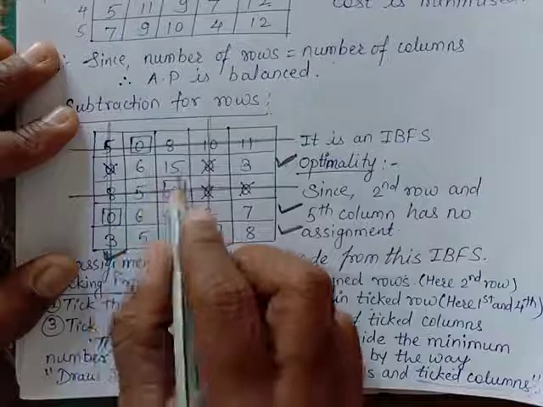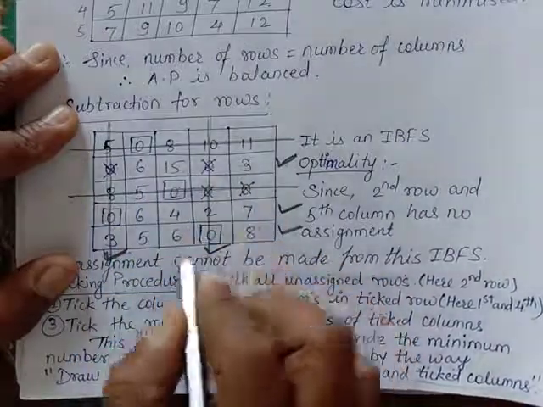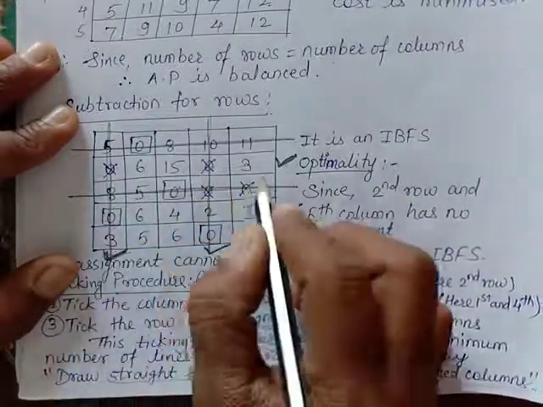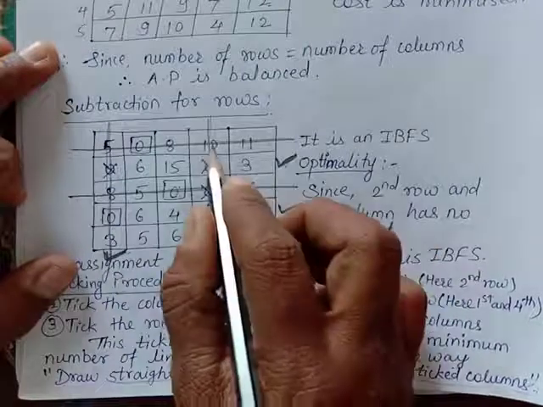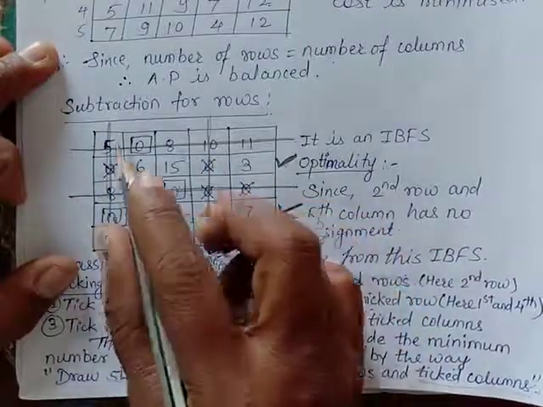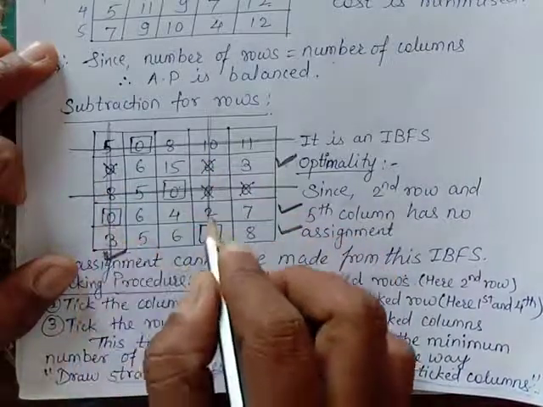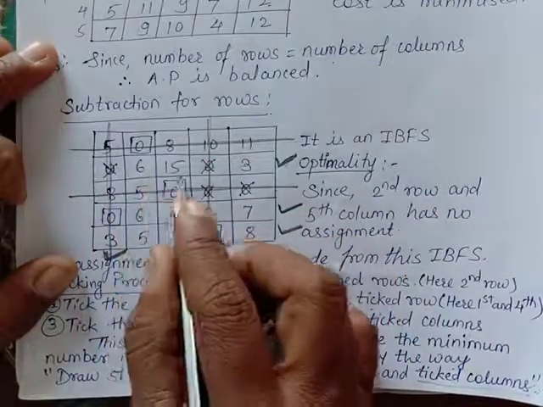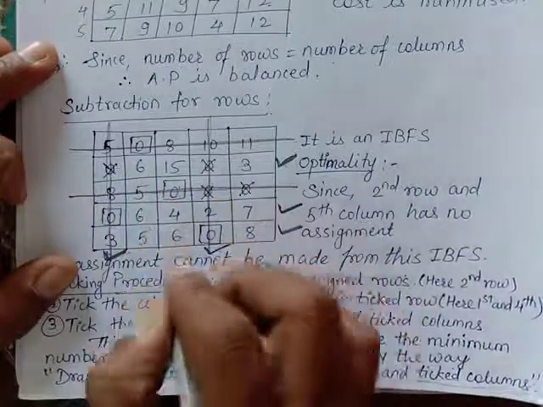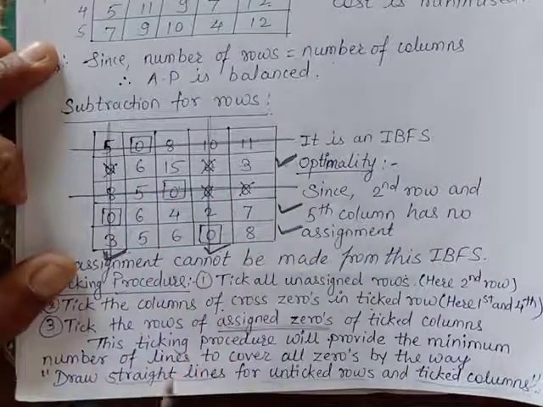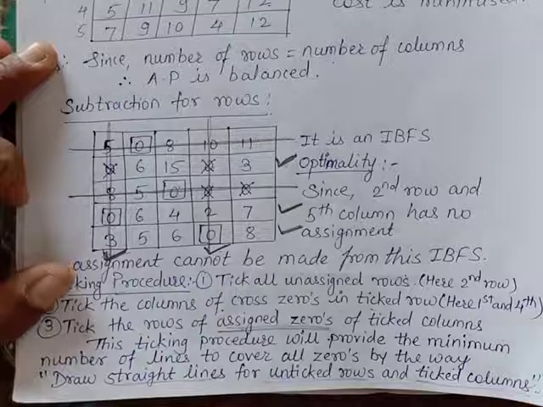So what are these? 6, 15, 3, 6, 4, 7, 5, 6, 8. The minimum of them is 3. So this 3 we have to add at the intersection position of these lines, and we will subtract it from the uncovered entries. That gives us the improved table.